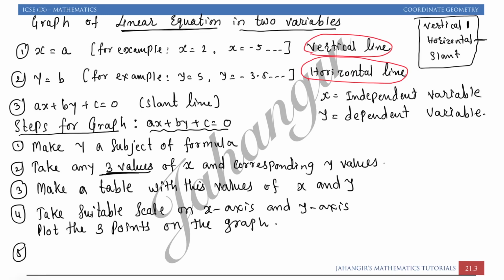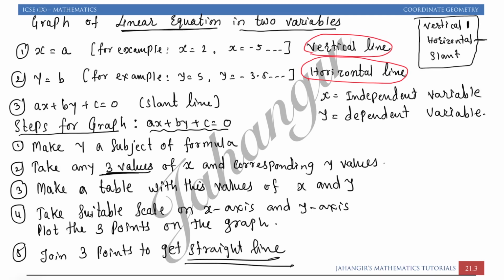And fifth point, join the 3 points to get a straight line. These are the steps you have to follow strictly. I will explain each and every step while doing sums. So first write down these steps and then we will start with the graph from the next question.